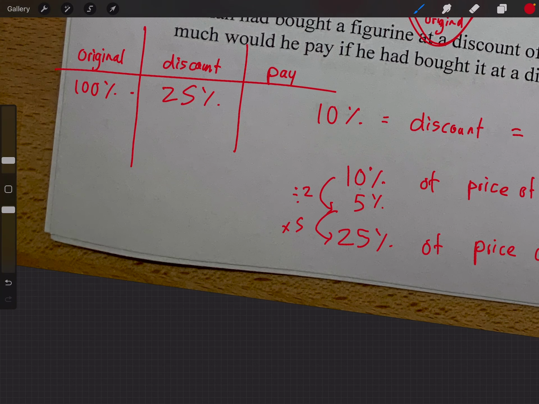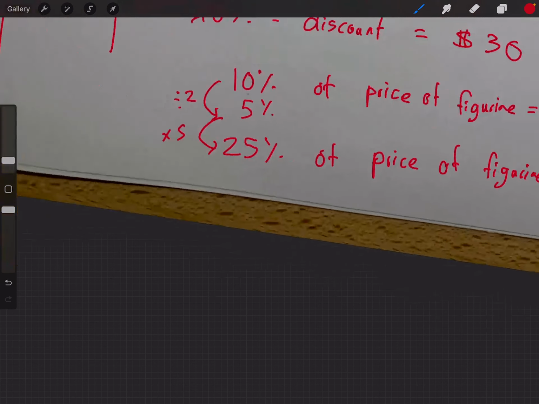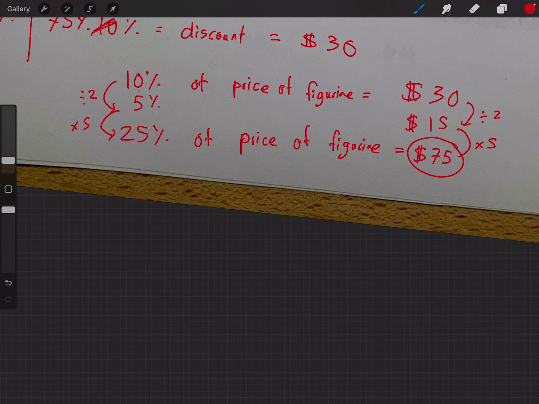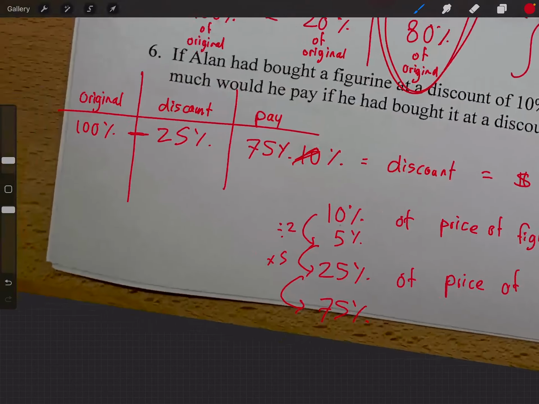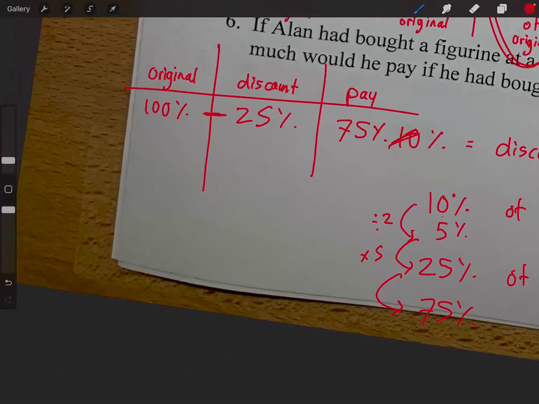Well, what's 100 take away 25? He's gonna pay only 75% of the original price. So we know that 25% is $75. So let's get to 75%. Because if we get to 75%, we can figure out how much he's paying. This 25% is the actual discount. Okay, so that means the discount is $75.